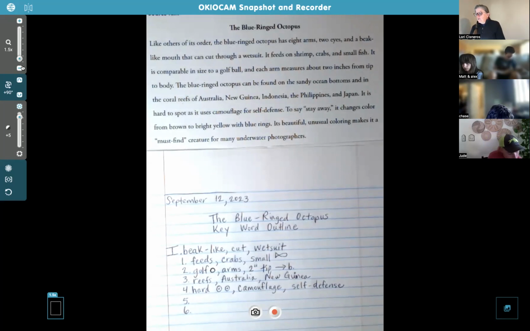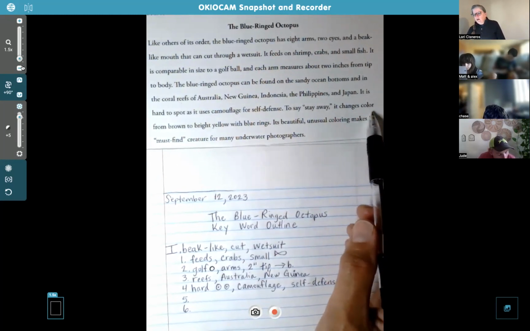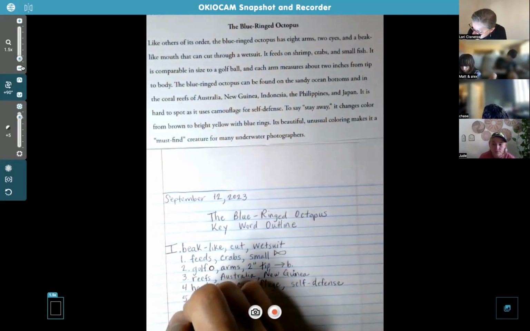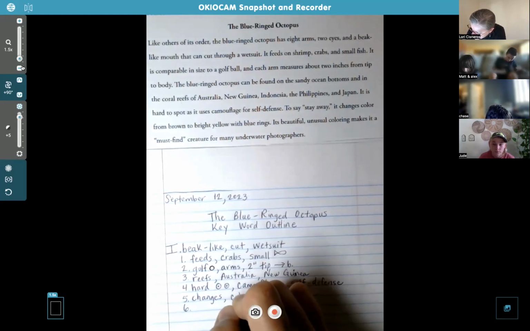Okay, so those are all really good keywords, but those are too many, so it's going to be hard to narrow it down here. It changes color. Yeah, I think changes and color, I think that's good. Both of those kind of condense it down a little bit. So we can say changes color.